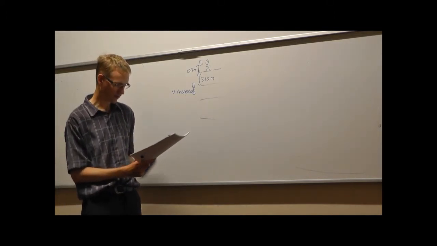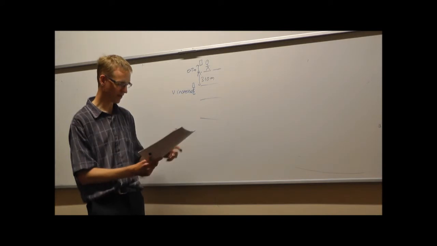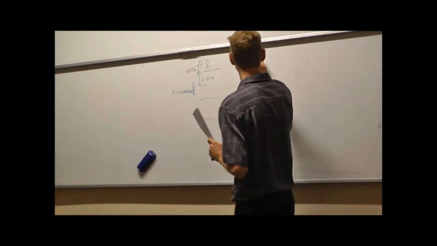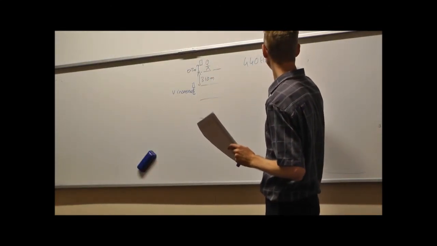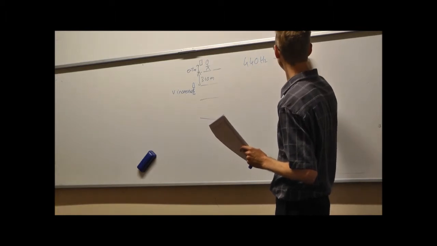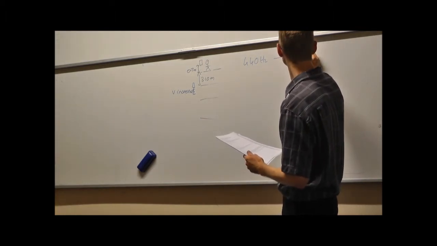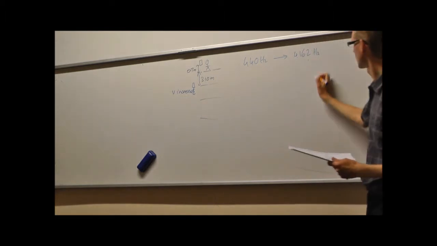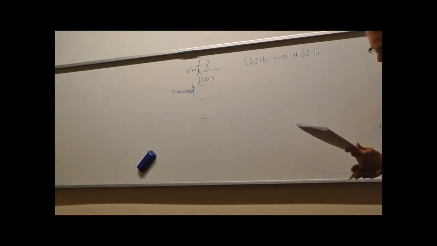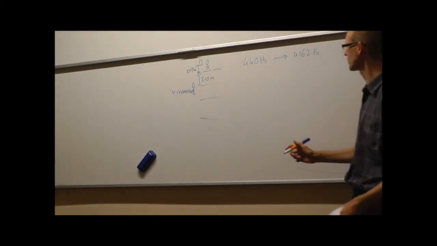So that frequency will drop, which corresponds to what we've got in the question. So 440 hertz is what we had. It goes to 416.2 hertz. Okay, so there's our change in frequency. Calculate the number of floors.